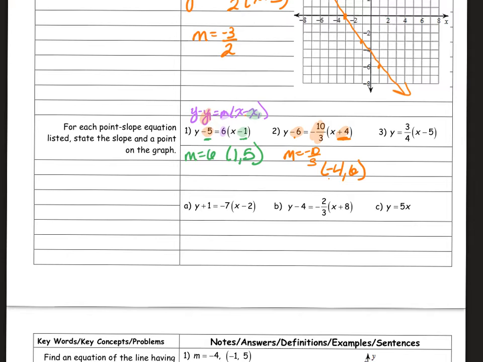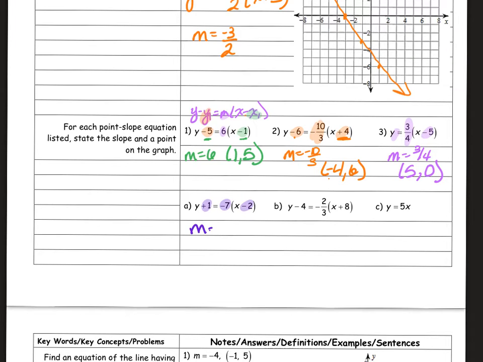Okay, again, what are we looking at? Well, there's no number here, so this number and this number. So my slope equals 3/4, and my point is 5, and then there's no number with the y. That means that point is 0. Okay, so here's this, and this.